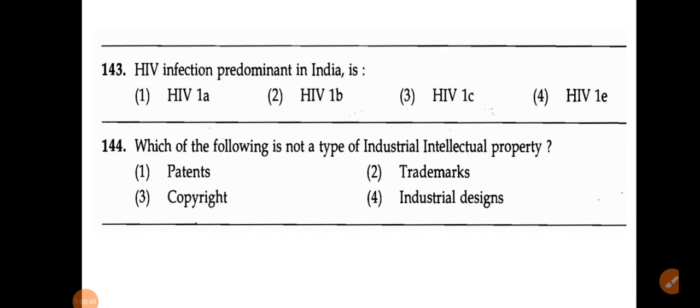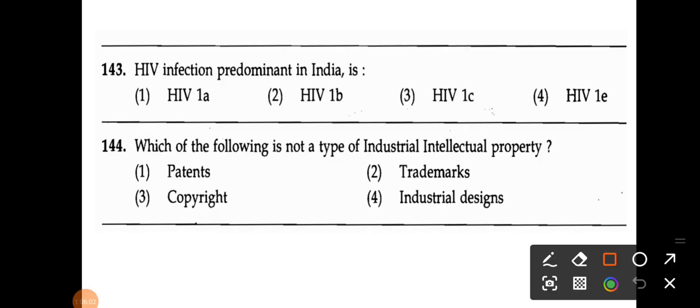Next, 143, HIV infection predominant in India is HIV 1A, HIV 1B, HIV 1C and HIV 1E. So what is the correct answer here? That is the HIV 1C. So that is very predominant in India.